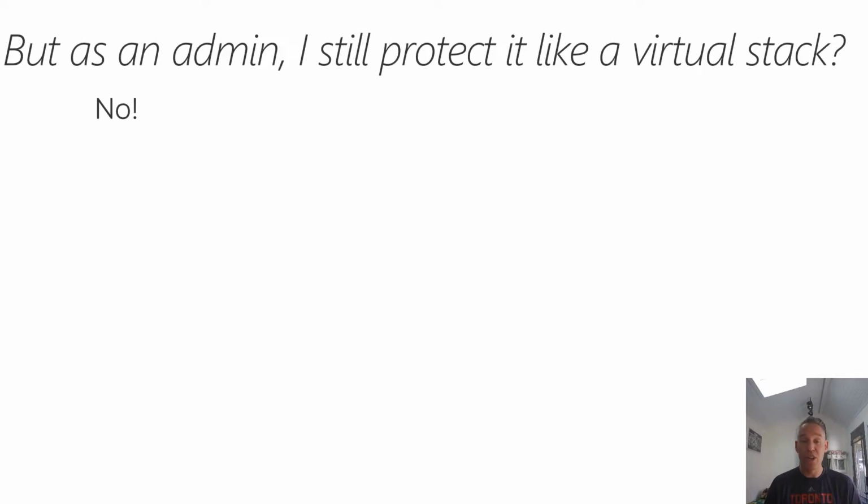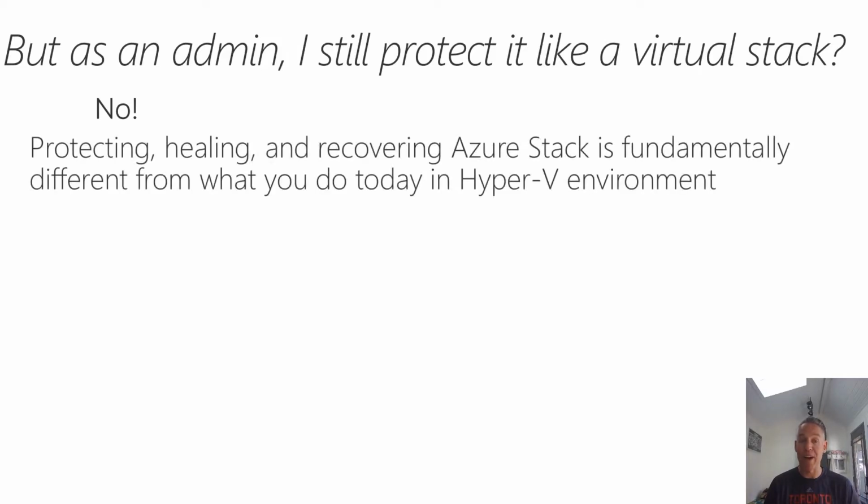So just like in public Azure, we do not allow any access to the host operating system to take snapshot backups. So protecting your workloads, even protecting the infrastructure of Azure Stack, is going to be fundamentally different than what you might be used to if you're used to running a VMware estate or a set of Hyper-V servers.